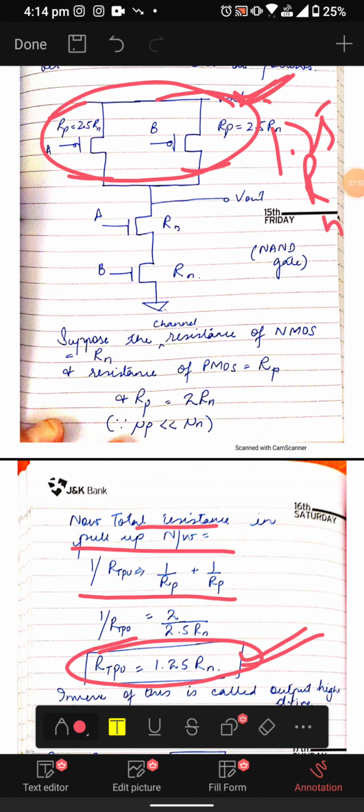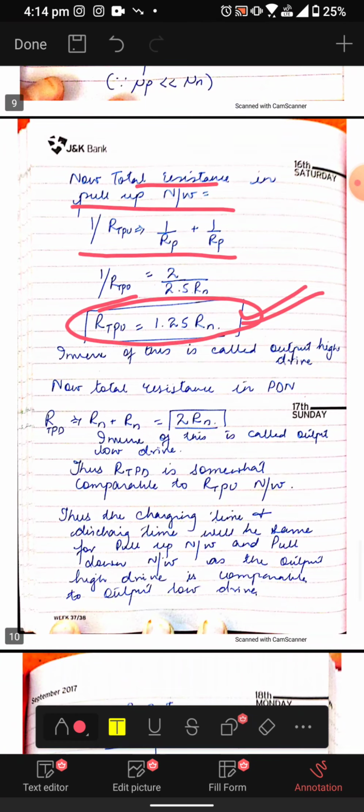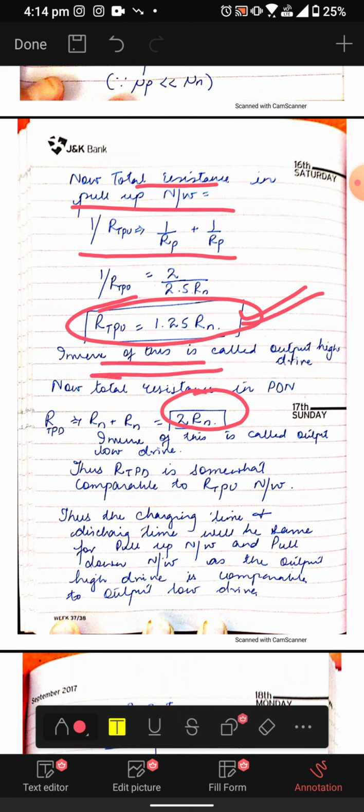What is the total resistance for the pull-down network? Here the two resistances Rn are connected in series, so it will simply be 2 times Rn. Another important thing to note is that the inverse of the resistance of the pull-up network is called output high drive, and the inverse of the total resistance of the pull-down network is called output low drive.